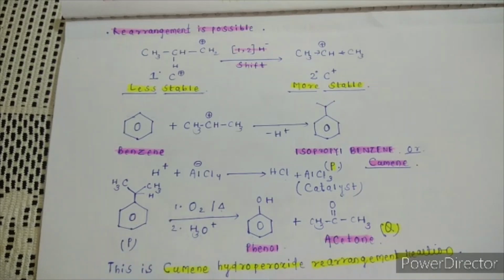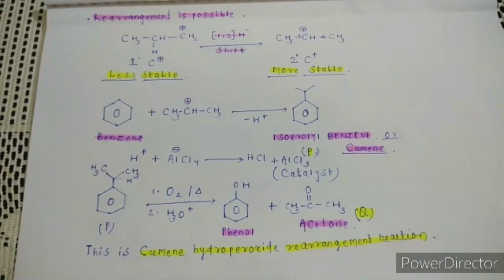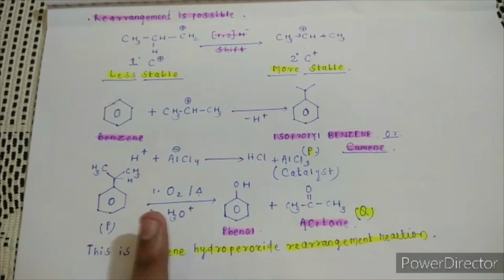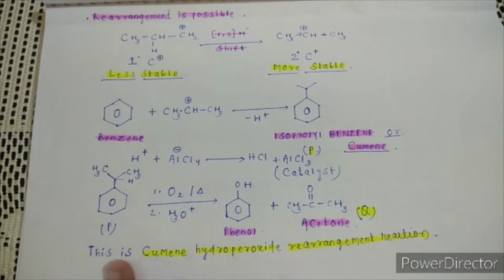Now this is one rearrangement reaction, and this is called the cumene hydroperoxide rearrangement reaction. First this cumene will react with oxygen to form cumene hydroperoxide, and that cumene hydroperoxide will undergo rearrangement and form phenol and acetone.